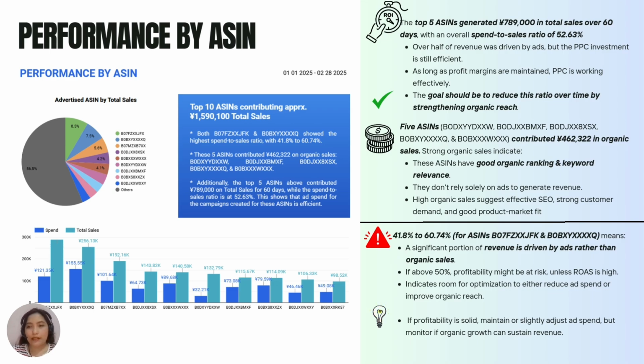Now, looking at individual eSIMs, I have found strong organic performers. There are some eSIMs that have high organic sales and low PPC dependency, meaning they rank well naturally. PPC-dependent products are also here, which are eSIMs that relied entirely on ads for sales, which is a long-term profitability risk. There are also underperforming eSIMs, where some had zero sales despite ad spend and require urgent optimization.